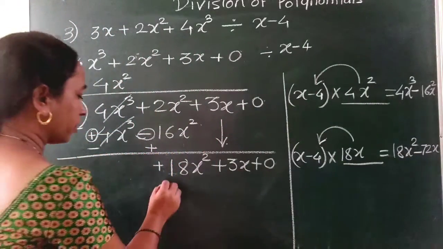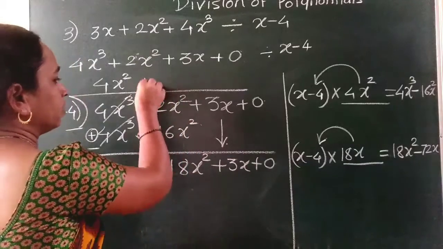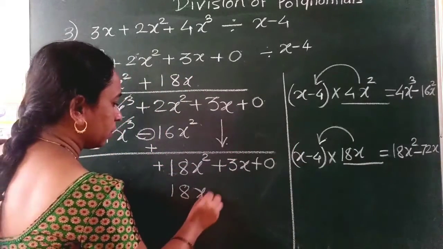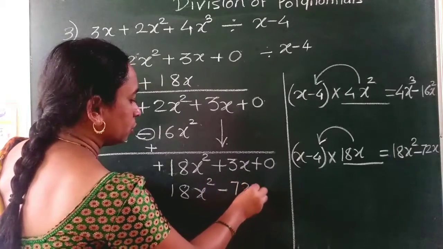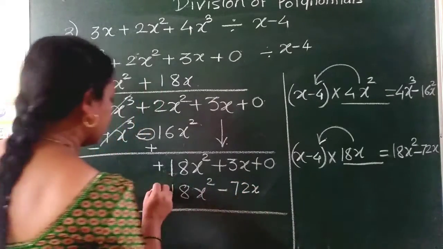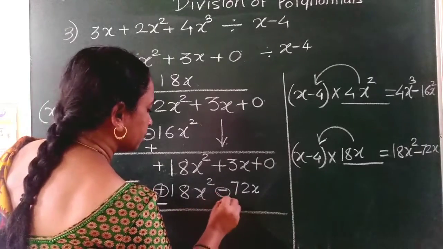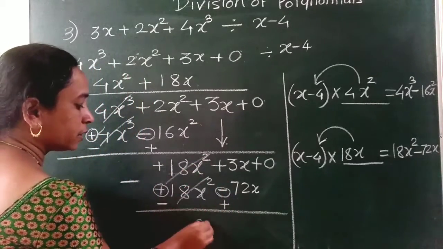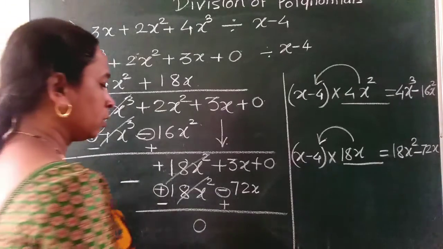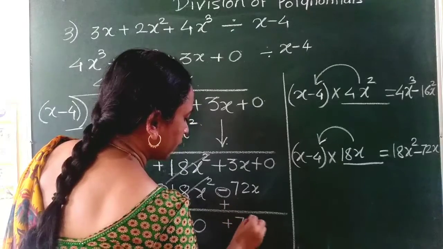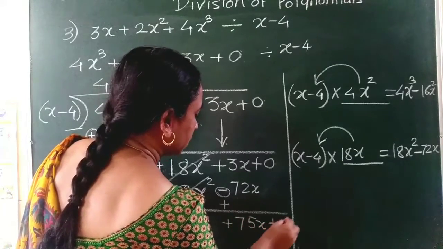So write the quotient here first, 18x. What is the product? 18x square minus 72x. Here plus, so because of the minus sign, signs will change. These terms will be cancelled, it will become 0. Here 3x plus 72x, that means 75x plus 0.